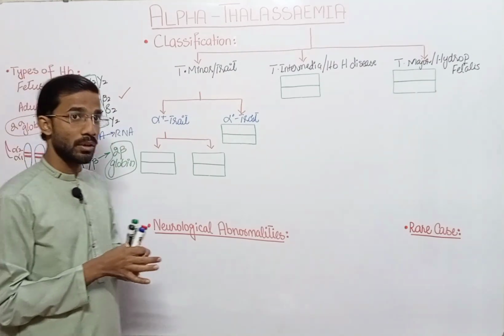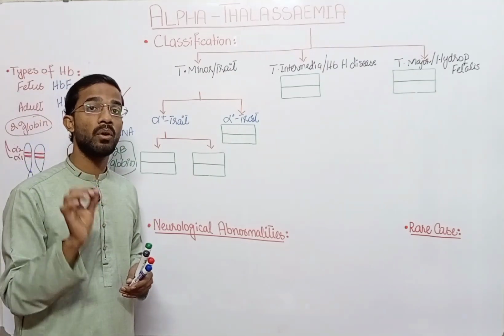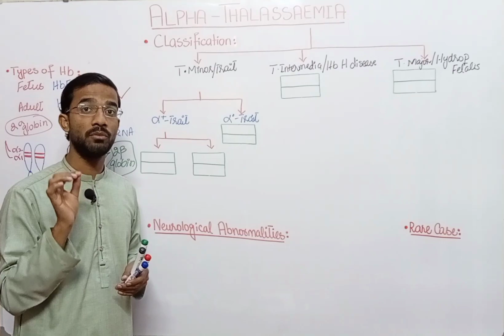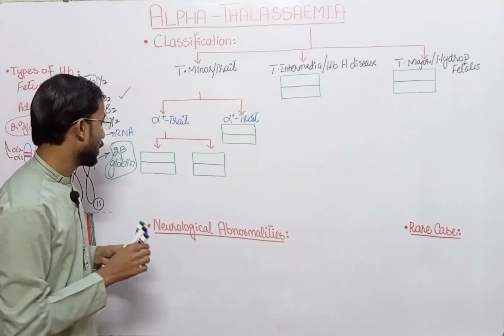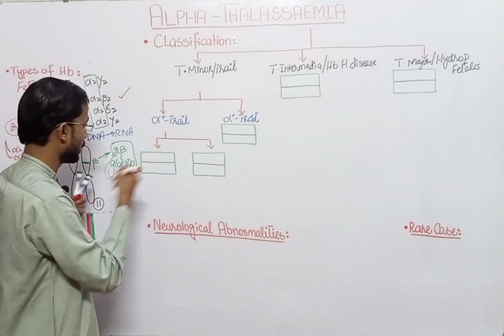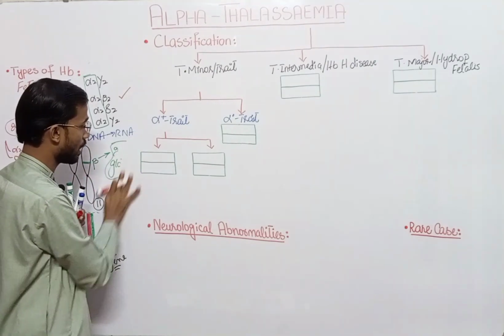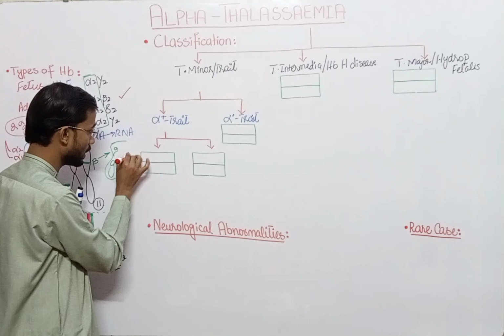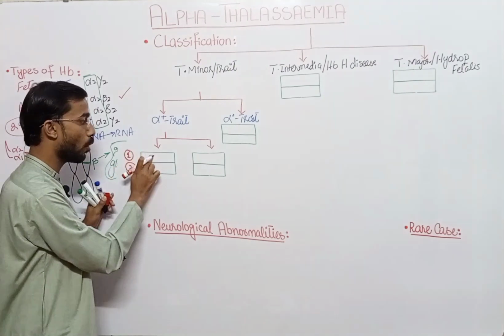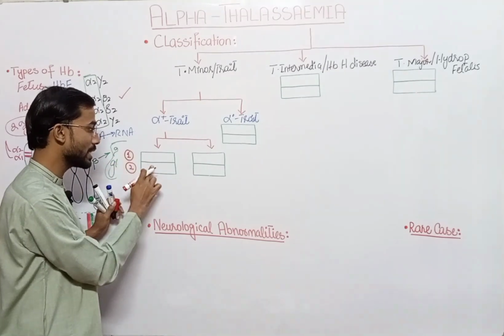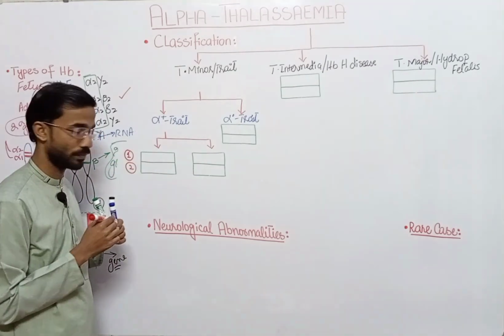The basic difference, keep in mind, is that there are four alleles involved in the formation of the alpha globin chain. You see here are the two genes, gene 1 and gene 2. This box is for gene 1, this box is for gene 2.